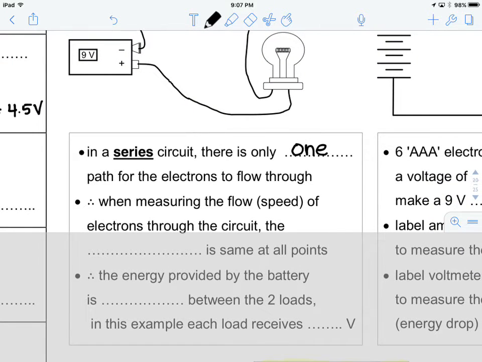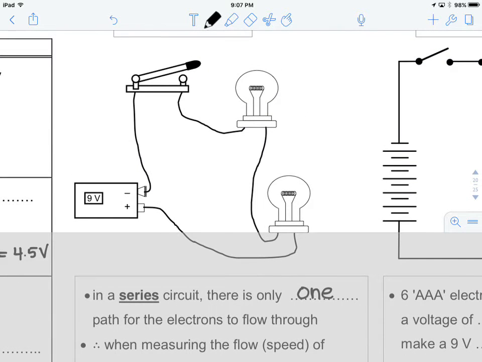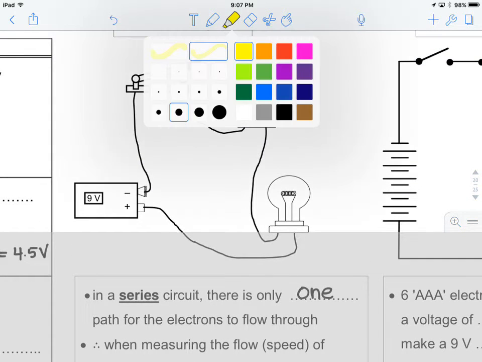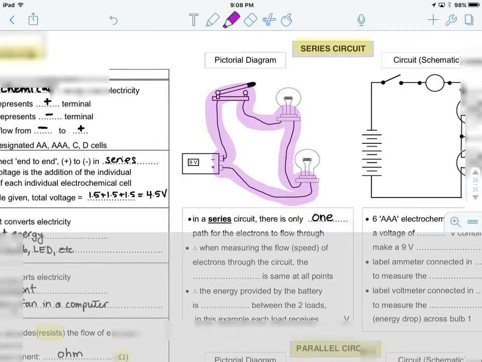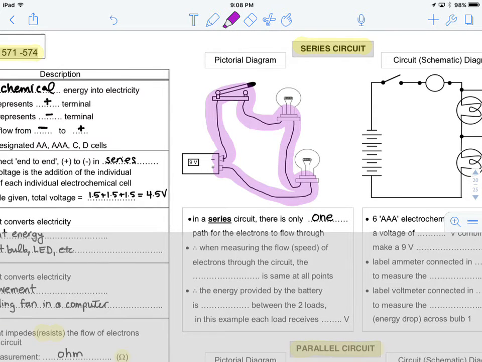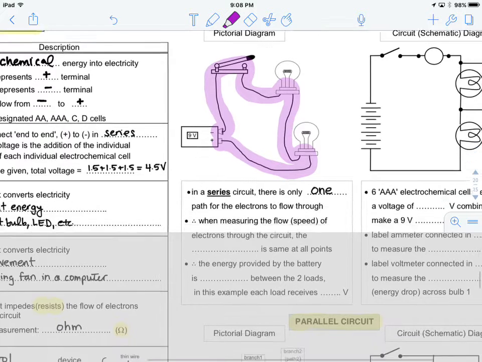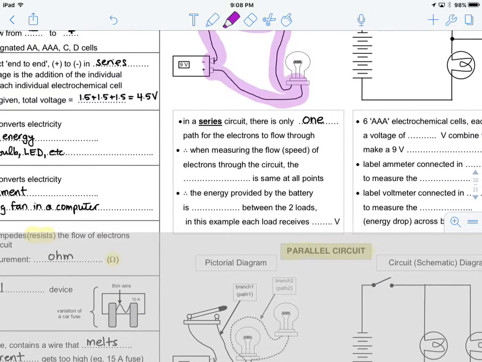Here we've got our 9-volt battery, and we have one path for the electrons to take as they go through this circuit. No more. There's no extra ways for the electrons to go. They have to pass through each of these elements on their way to and from the battery.